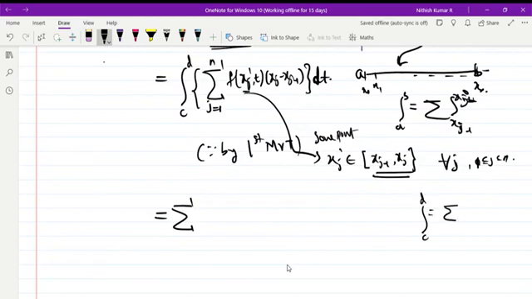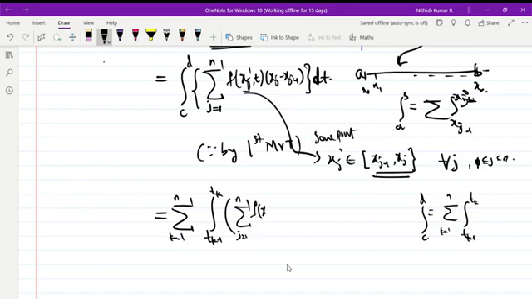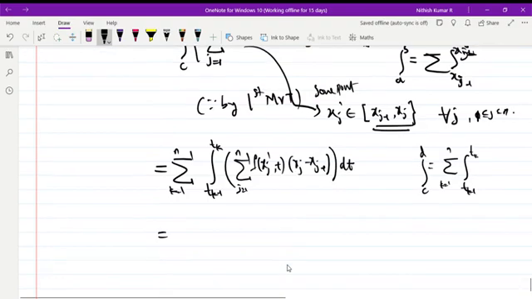So again, writing the integral c to d as the summation of integrals from t(k-1) to tk, where k runs from 1 to n, we get the integration from t(k-1) to tk of the summation over j equal to 1 to n of f of xj dash comma t into xj minus x(j-1) into dt.